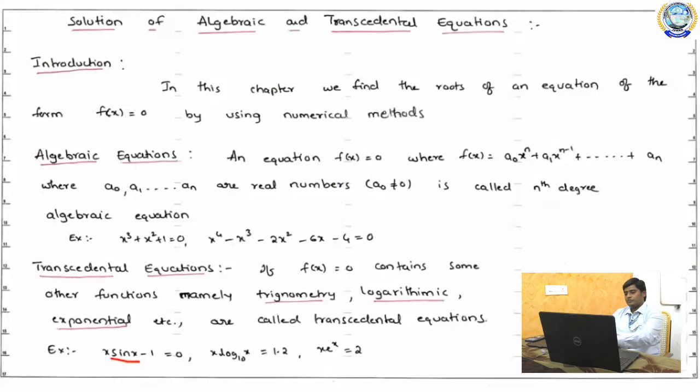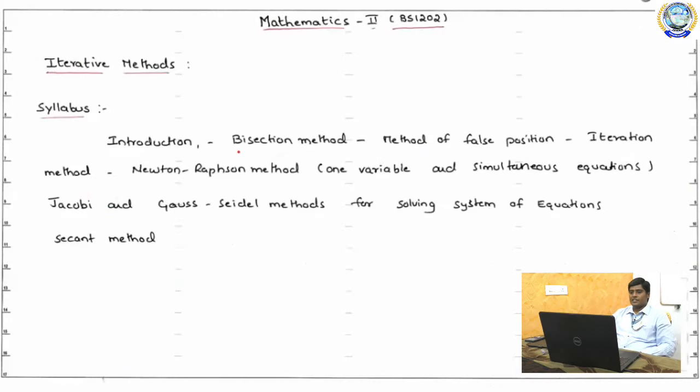We use numerical methods for these equations: bisection method, method of false position, iteration method, Newton-Raphson method, and Jacobi and Gauss-Seidel methods. These are the important numerical methods to find solutions of algebraic and transcendental equations.